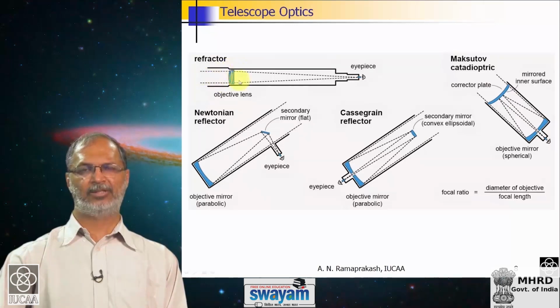This kind of telescope which uses lenses is called a refractor telescope, because it works based on the principle of refraction of light as it passes through the lens to focus the rays and produce images here.